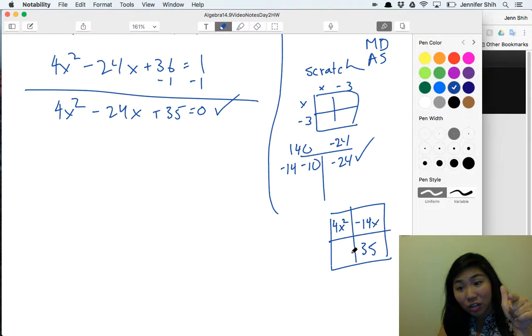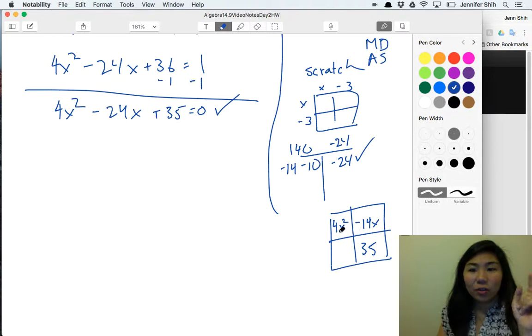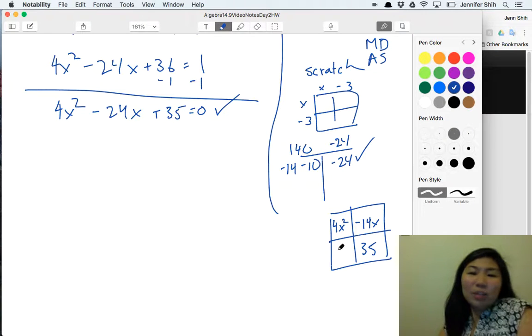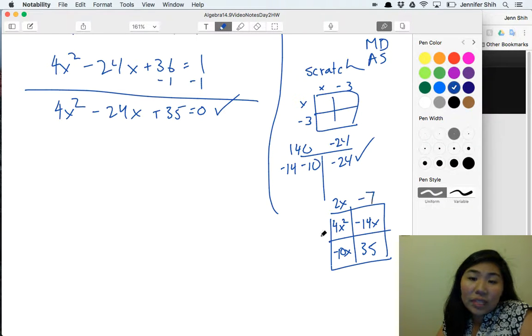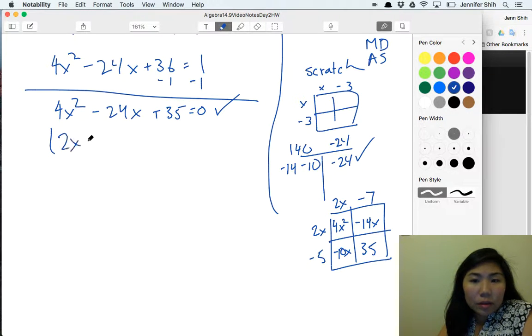What I really should have checked first is if there was a greatest common factor in there. I don't think there is, but in fact, I'm looking at it and there's no greatest common factor. So I'm going to try this out. This looks like it's negative 7 and 2x and negative 5. Okay, that wasn't so bad.